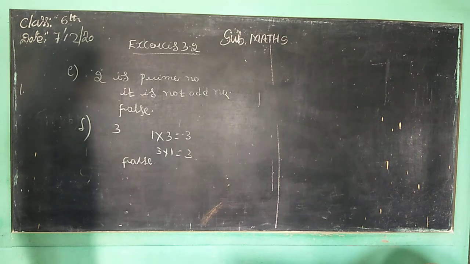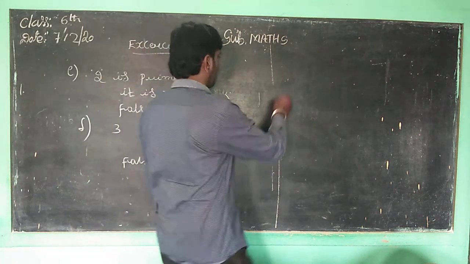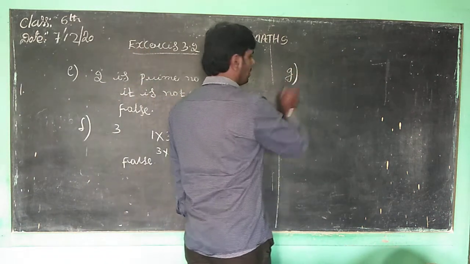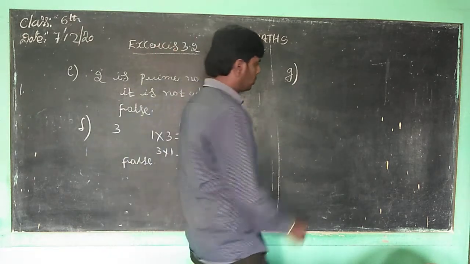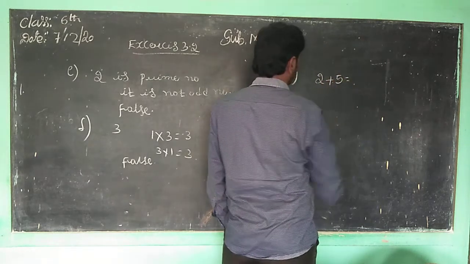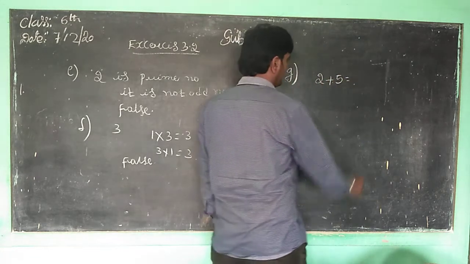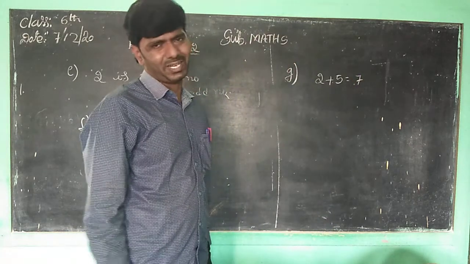Because prime numbers have factors, 1 and itself, 1 and 3. Children, now we want to take the next one. Sum of two prime numbers is always even. Suppose 2 is a prime number and 5 is a prime number. See here, 2 plus 5 is 7.